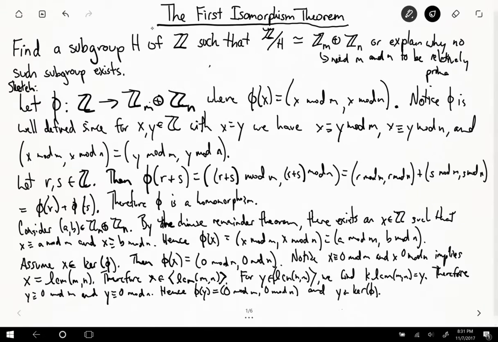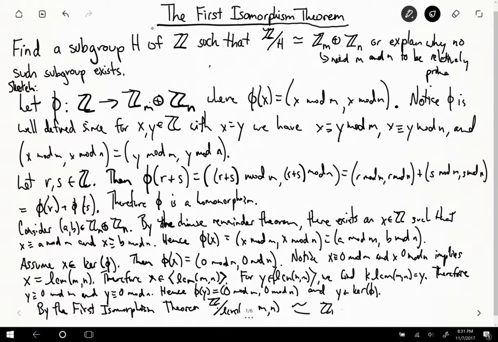To finish this off, all we have to do is use the first isomorphism theorem. So by the first isomorphism theorem, we know that the integers modulo this least common multiple of m and n, sorry for it being extended here, has to be isomorphic to this direct product that we were talking about before.